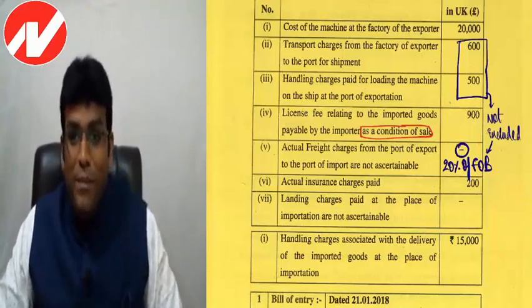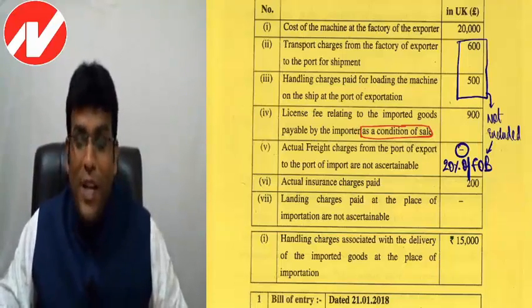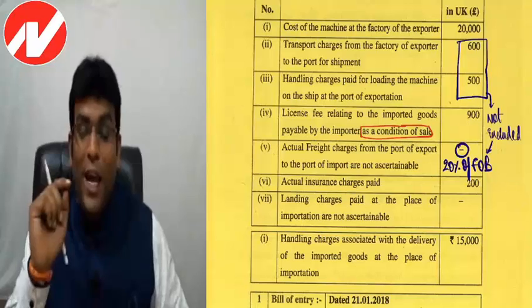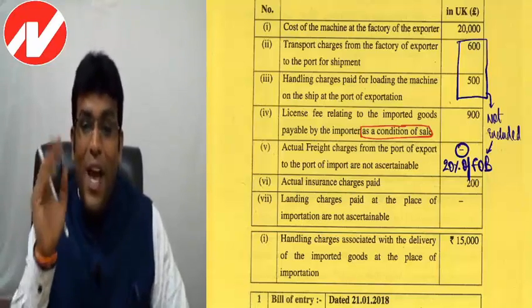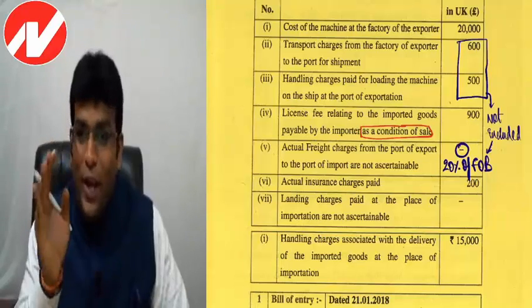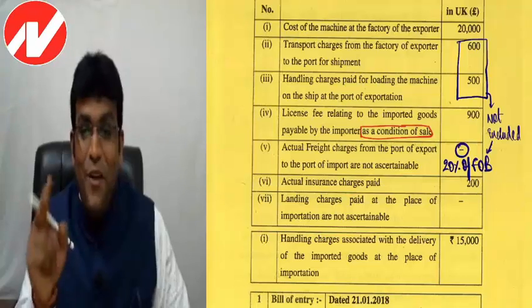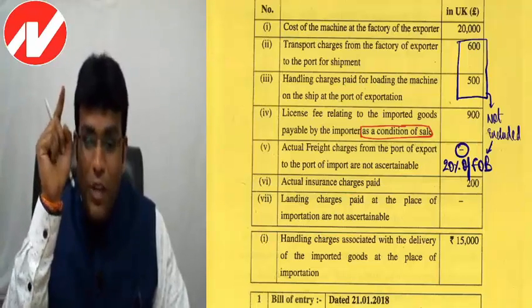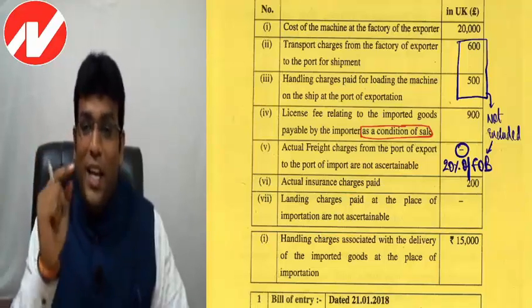I repeat one more time, my dear friends, 20% of FOB covers cost of transport, loading, unloading, handling charges from the factory of the exporter till the time the goods reach India.